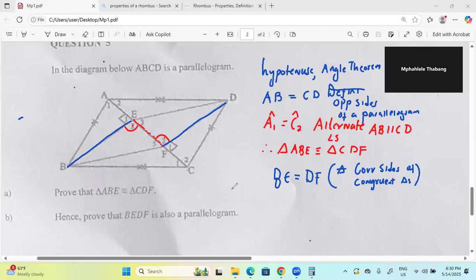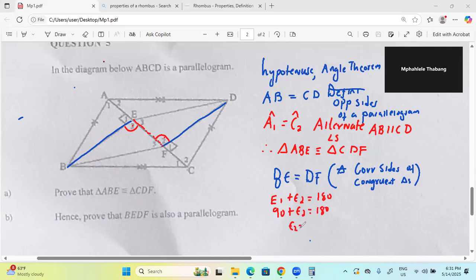Simple. You say E1 plus E2 is 180. These are the angles on a straight line. E1 and E2 are on a straight line. Angles on a straight line add to 180. So we already know E1 is 90. So you say 90 plus E2 equals 180.